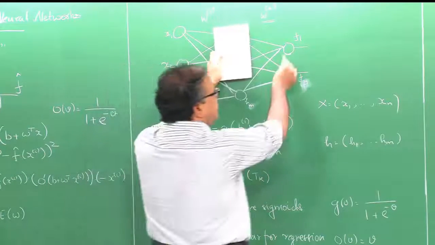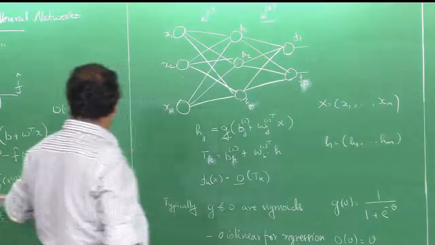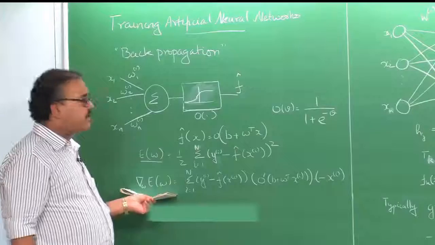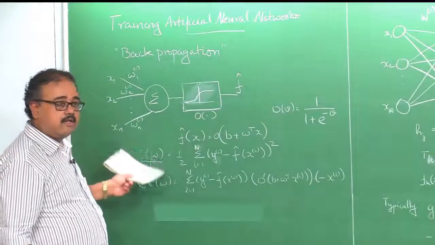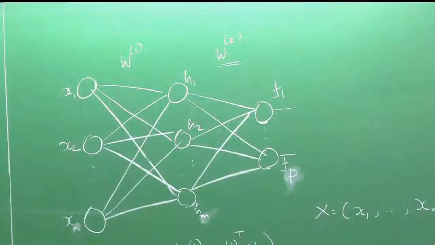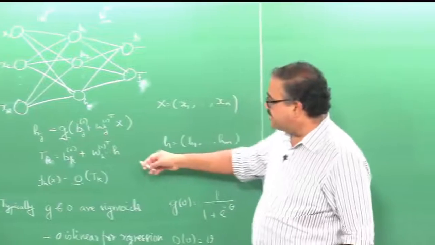So, I can just take all the weights that come to f1 and use the same rule that I used earlier for a single neuron, except that instead of x i I will be using the output h. That is clear.